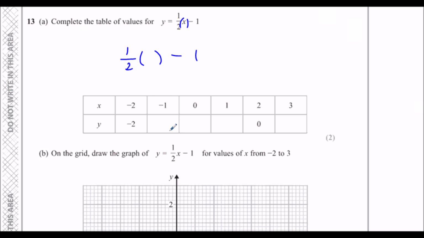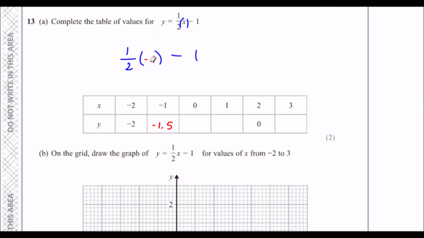Then inside the bracket we're going to be changing what we put in each time. So to start with, we'll put -1 inside the bracket. We get -3/2 or -1.5.